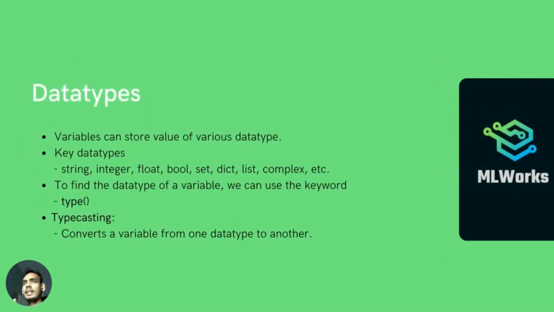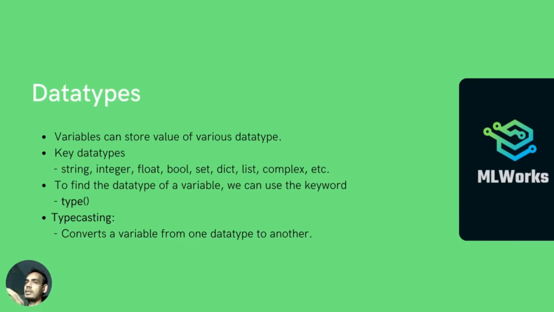So what are data types? Consider you have this container, and it stores values. These values can be of different types: string, integer, float, boolean, or complex number. Set, dictionary, and list are also data types, but they are used for data structures, for efficiently storing our data.